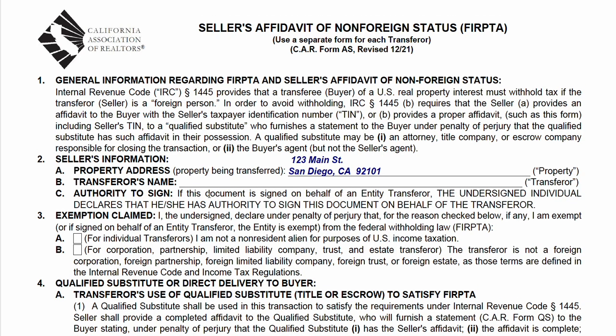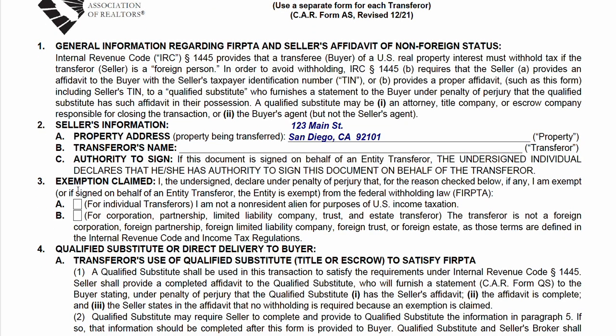Now, because the FIRPTA, which is the Foreign Investment in Real Property Tax Act, is all about avoiding people with a foreign status or entities with foreign status skirting U.S. income tax, an exemption must be claimed that you're not subject to it.